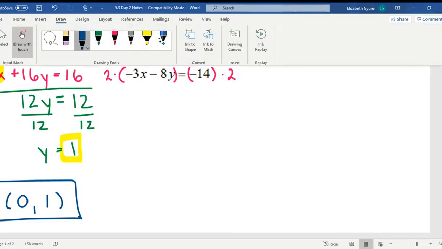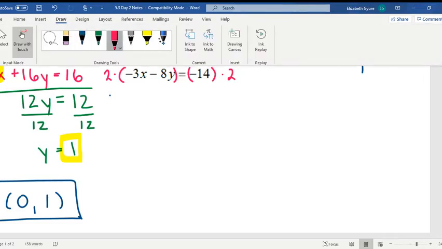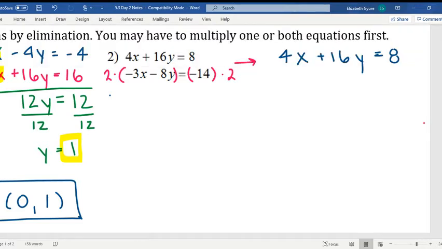So that top equation, just so we don't forget about it, I'm just going to go ahead and bring it over: 4x plus 16y equals 8. Okay. Now this bottom equation that I have to multiply by 2, we're now going to go through and distribute the 2. So 2 times negative 3x. Corey, what is 2 times negative 3x? Negative 6x. Good. So then line that up with your other x.